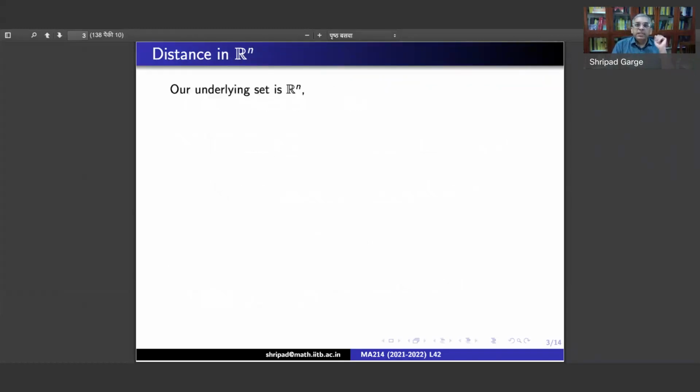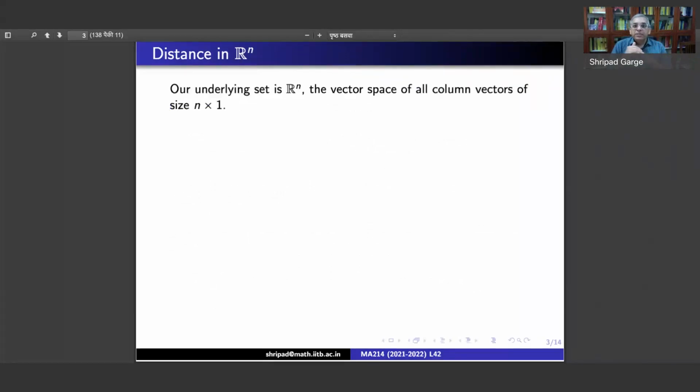Our underlying set is Rn, which is the vector space of all column vectors of size n cross 1. We are talking about vector space because we will have to subtract and multiply by scalars and so on. So it is good to remind you that it's a vector space and all these operations are possible. There are two main types of distances that we are going to define on pairs of vectors in Rn.